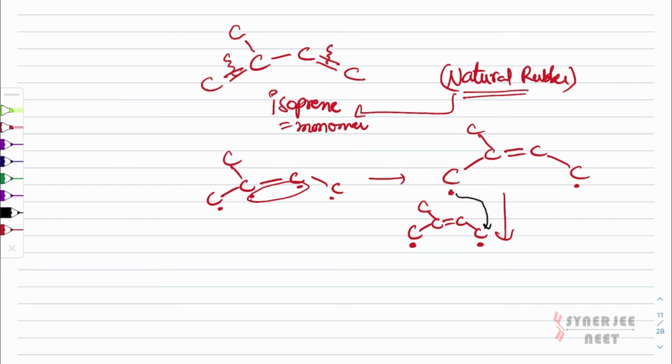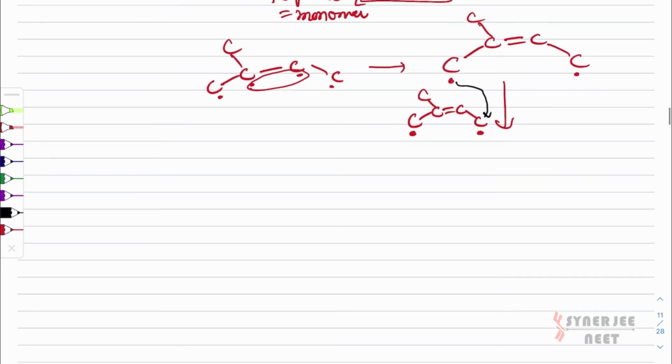Then you will get this connected to carbon. This carbon I have drawn, this carbon is this. So see, these two dots are joined here in the form of a bond.